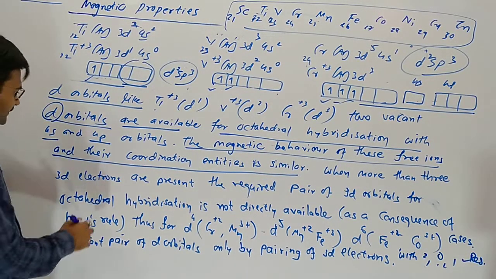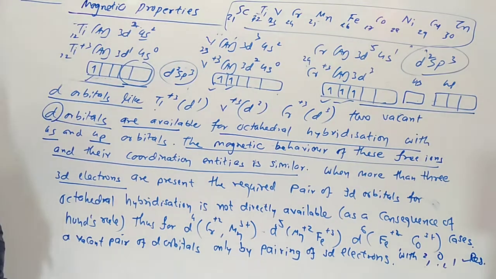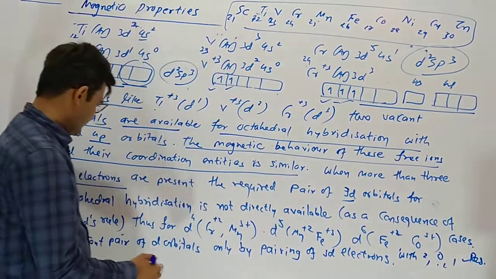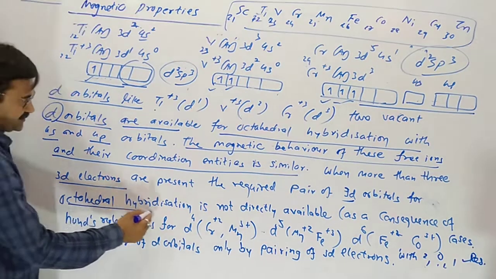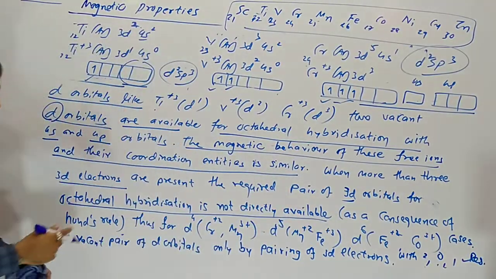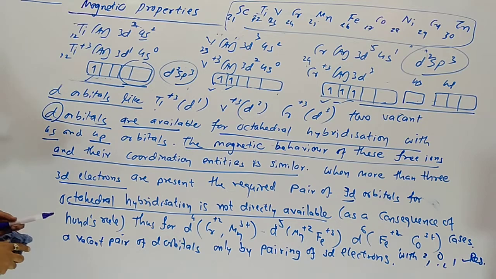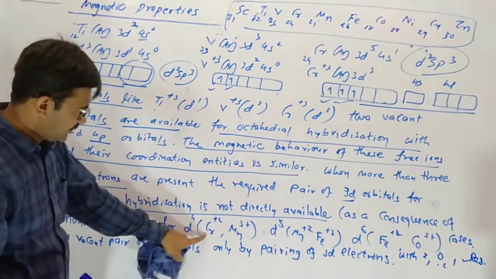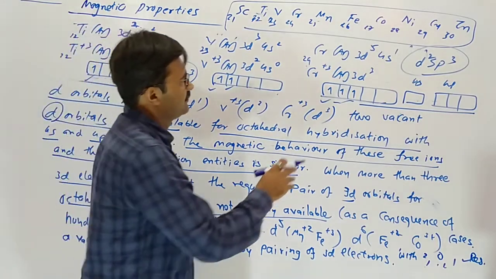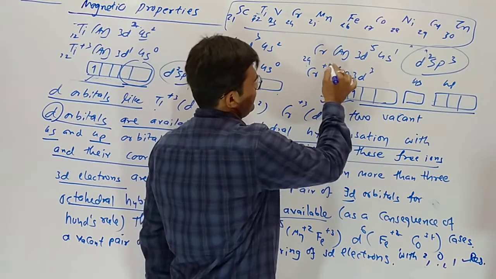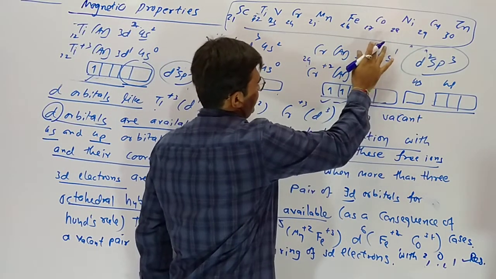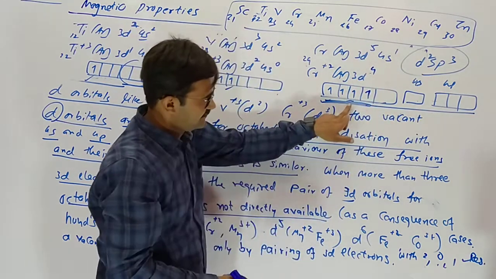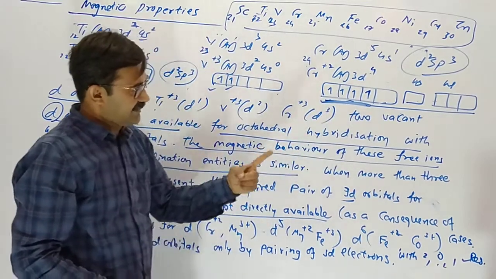When more than 3 d electrons are present, the required pair of 3d orbitals for octahedral hybridization is not directly available. Whenever more than 3 electrons are present, as in chromium plus 2, 3d4, so there are 4 electrons, only 1 d is vacant.